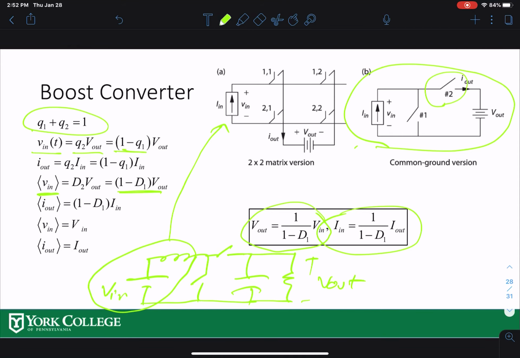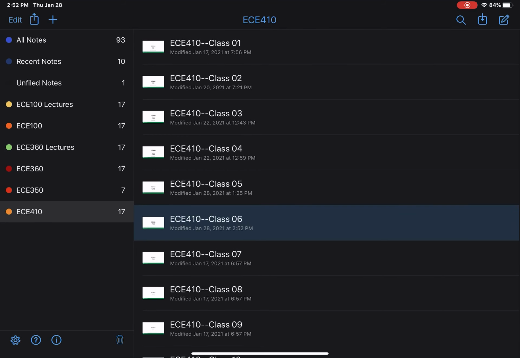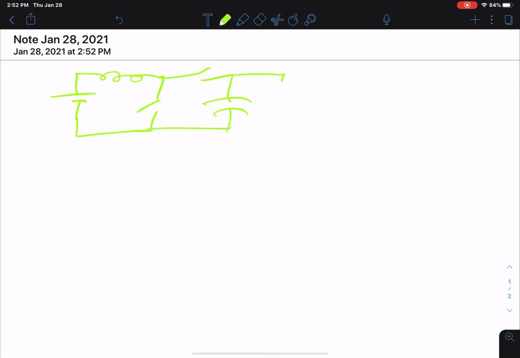You can get the same equation by using energy conservation. Let me give you the equation here so you can do it by yourself. If I do energy conservation for this circuit, let me draw the circuit over here again so you can have everything in one place. Right, so V out over here.